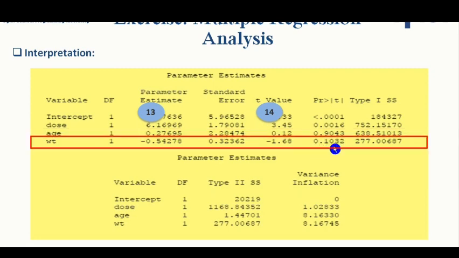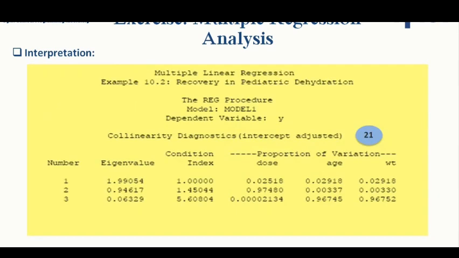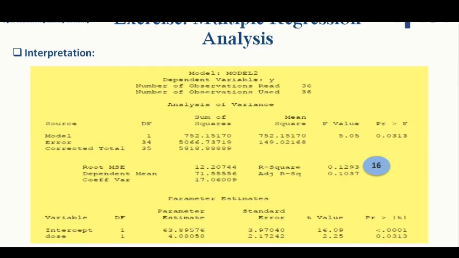Weight is 0.10, so it is also not that significant. Let us proceed. Then it gives some other statistical quantities, collinearity diagnostics, eigenvalues etc., which are currently out of the scope of this lecture.